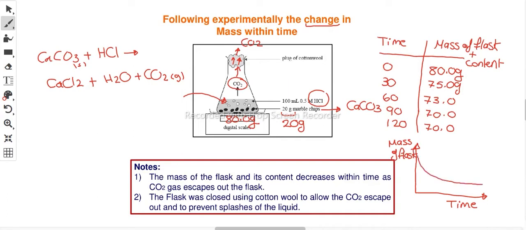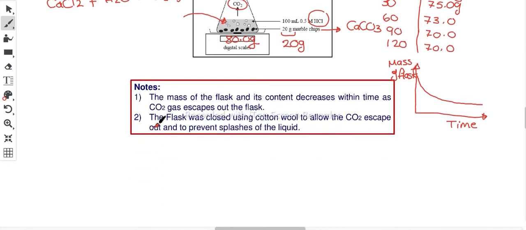Now, can you draw another graph? Yes, and this is similar to the inverted graduated cylinder, since you can be more specific and put the mass of CO2 and put here the time. The graph will be increasing per unit of time and it will become constant.